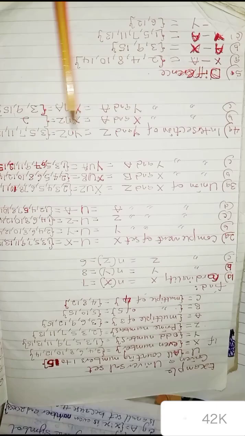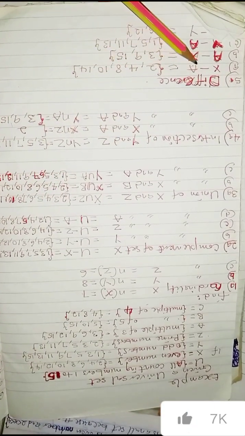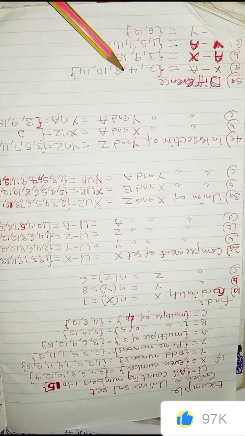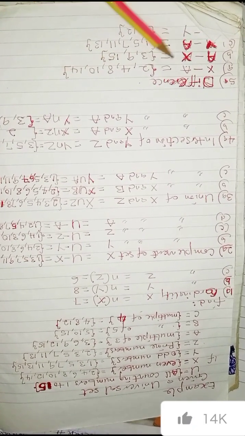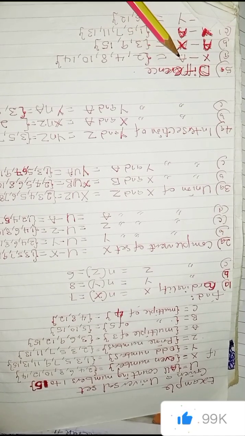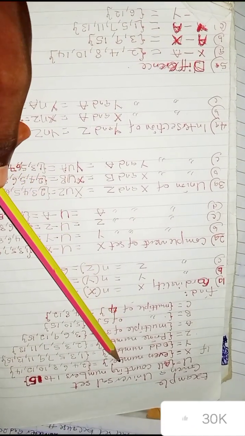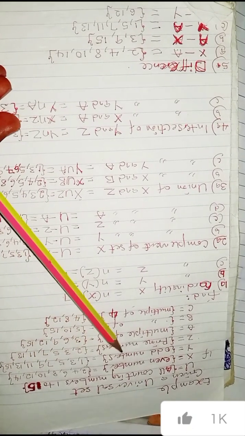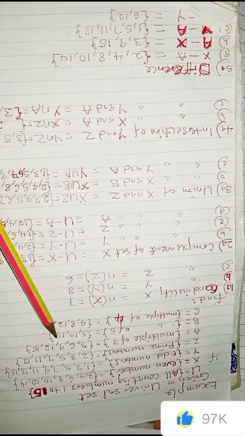As you can see clearly. Then difference, S minus A is equal to 2, 4, 8, 10, 14. From the same place, we are still doing the same thing. S minus A, this is the value of S. You remove A, remove all the multiples of 3.